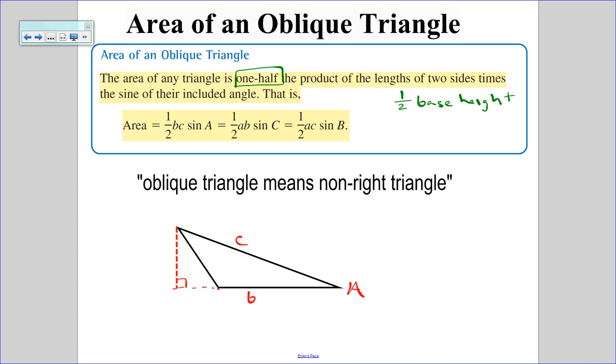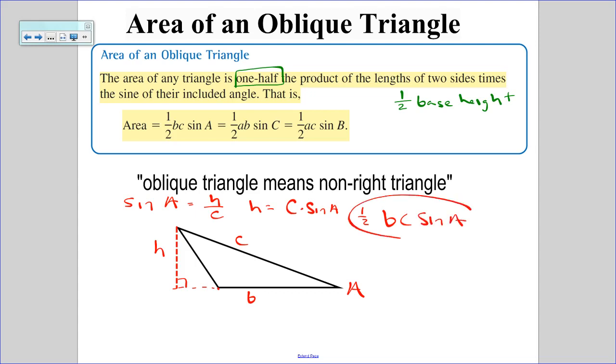So the base of my triangle is B, and the sine of A is the height over C. So I can find the height of the triangle by doing C times the sine of A. Well, if I do 1/2 base times that, that's just my triangle area formula. So a really simple derivation or proof or example, whatever you want to call that.